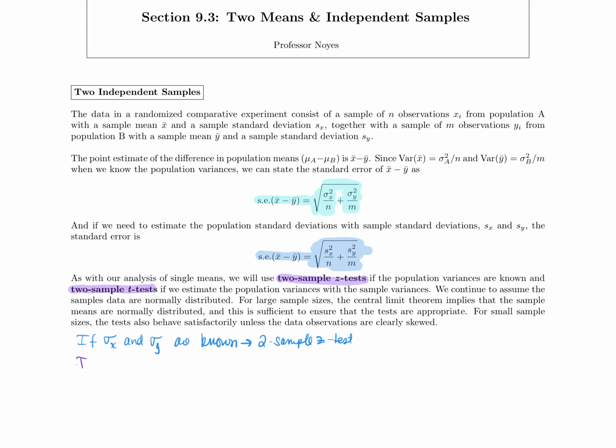And if we only know the sample standard deviations for each of our samples, then we will use a two-sample t-test. So again, this goes back to exactly what we talked about previously. If you know sigma, you use z. If you only know s, you use t.